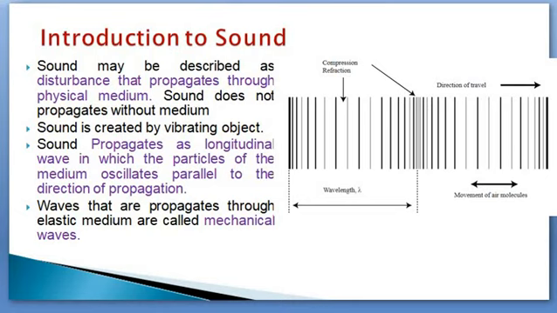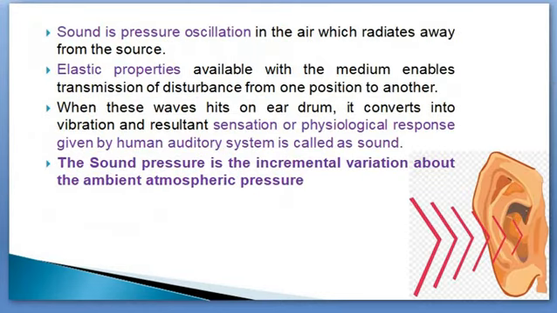So basically sound is similar to the vibration generated by a vibratory body, and it is radiated to the surroundings with the help of an elastic medium, which should be physically present there. Remember, sound never propagates through a vacuum. For sound propagation, there should always be an elastic medium.